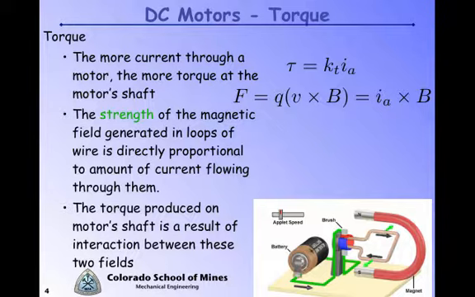Okay. So here's another picture. Again, another set of windings, in this case one loop of winding on the rotor, the commutator and brushes, and the corresponding magnetic poles in the field.